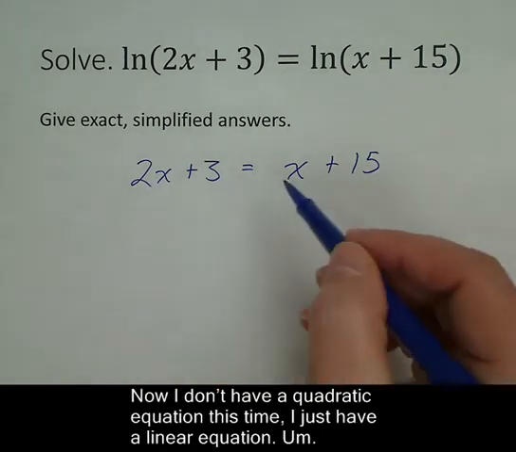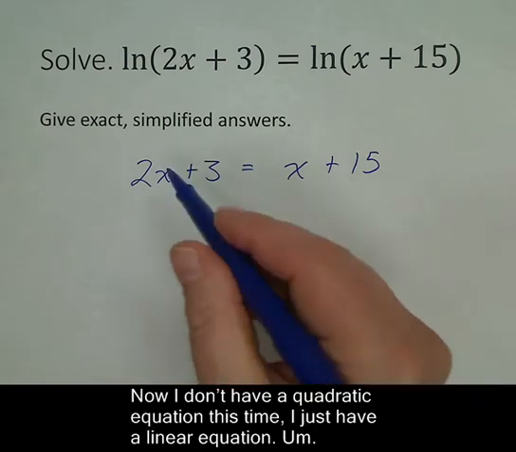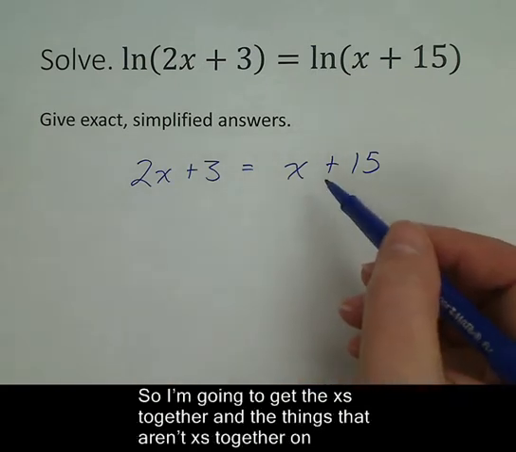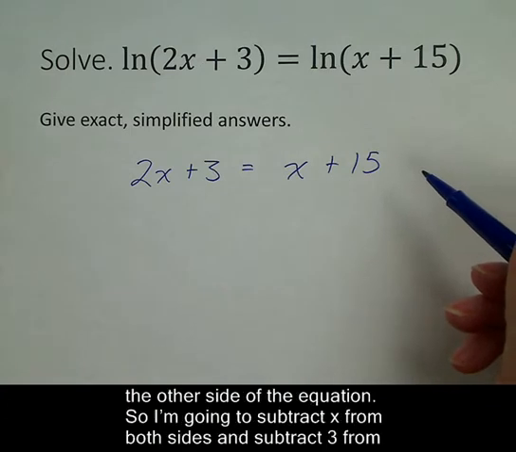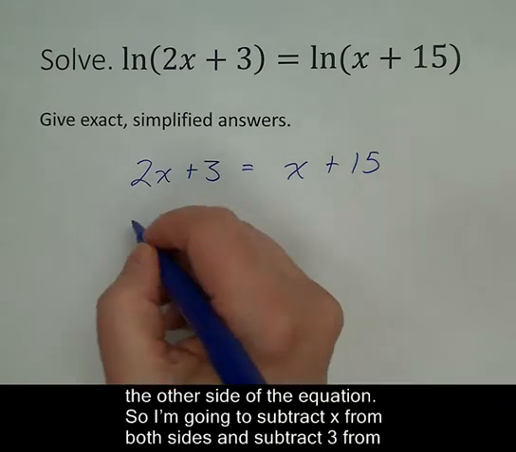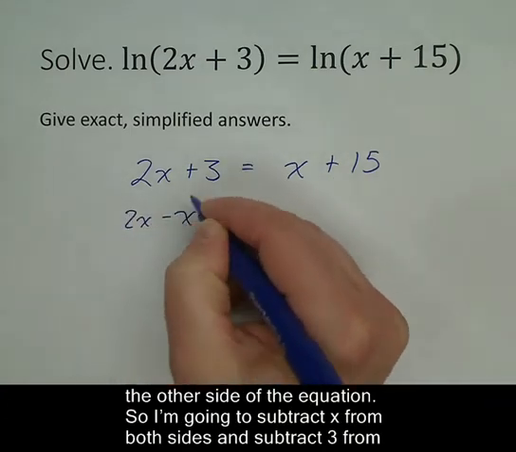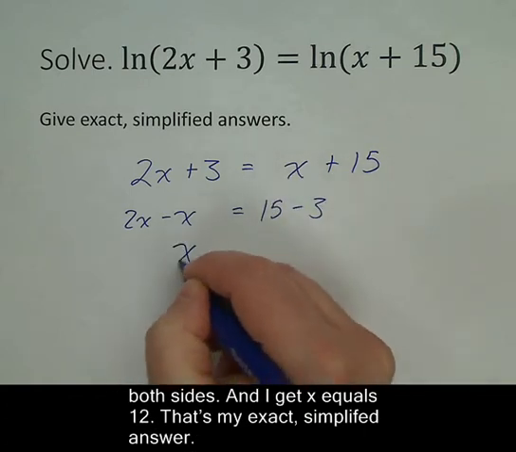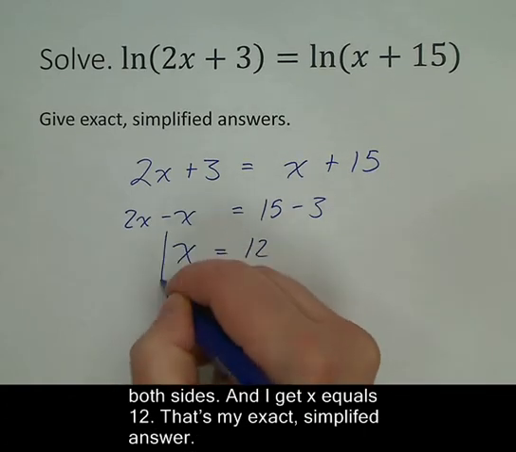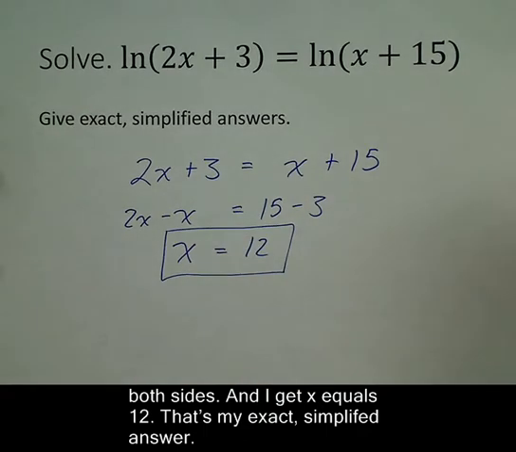Now I don't have a quadratic equation this time, I just have a linear equation. So I'm going to get the x's together and the things that aren't x's together on the other side of the equation. So I'm going to subtract x from both sides and subtract 3 from both sides, and I get x equals 12. That's my exact simplified answer.